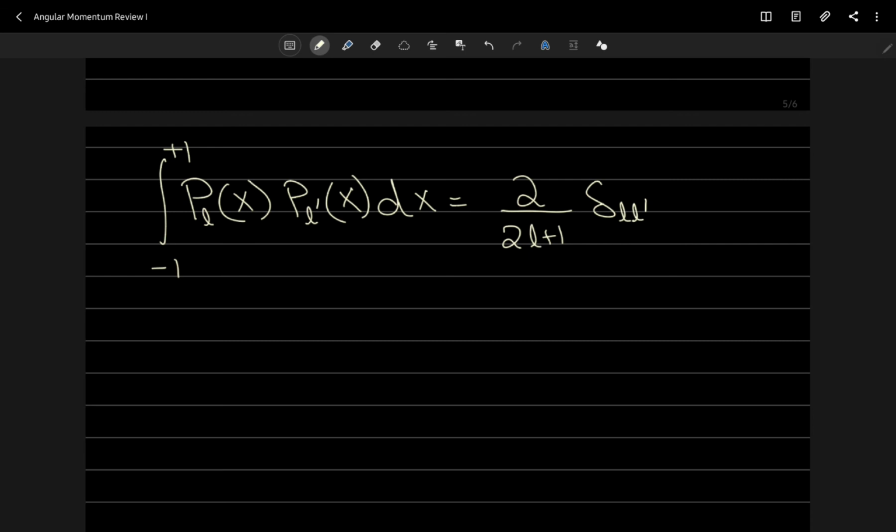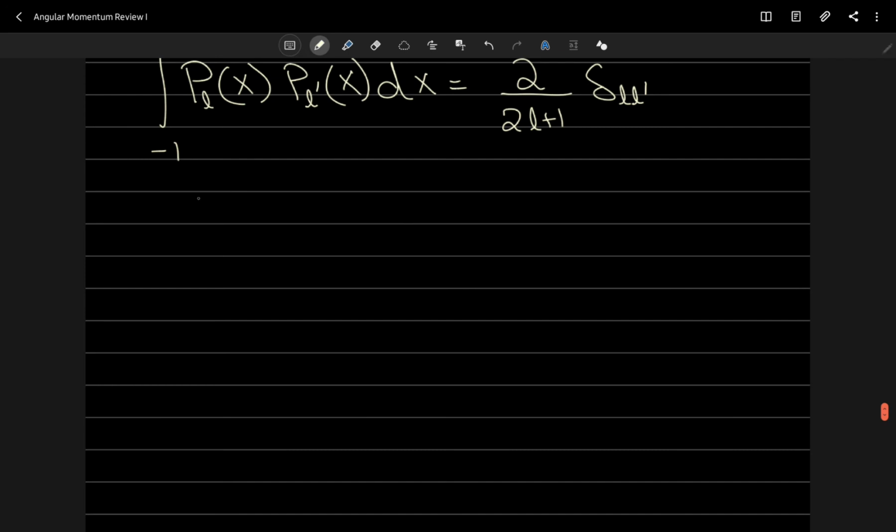And so, the first few Legendre functions, let me write them down explicitly. So P11, with m and L both equal to 1, is a function of x, which is (1 minus x squared) to the power 1/2.